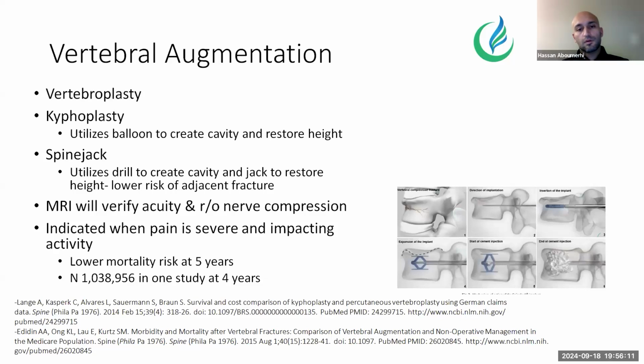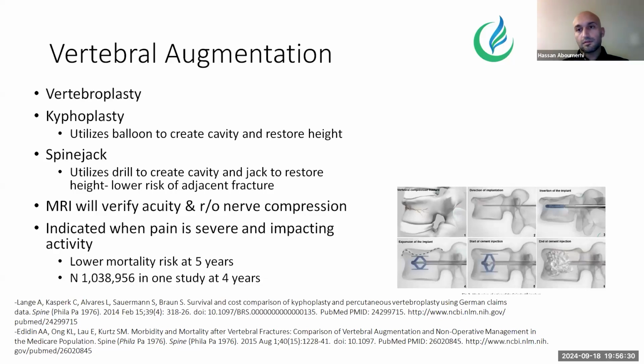MRI is also useful in ruling out nerve compression or significant retropulsion back into the canal. So when patients come in with a severe back pain, after getting the imaging, these are the procedures that we review.